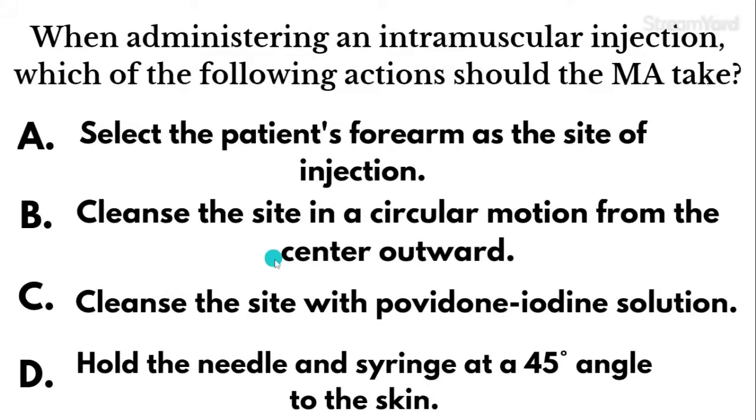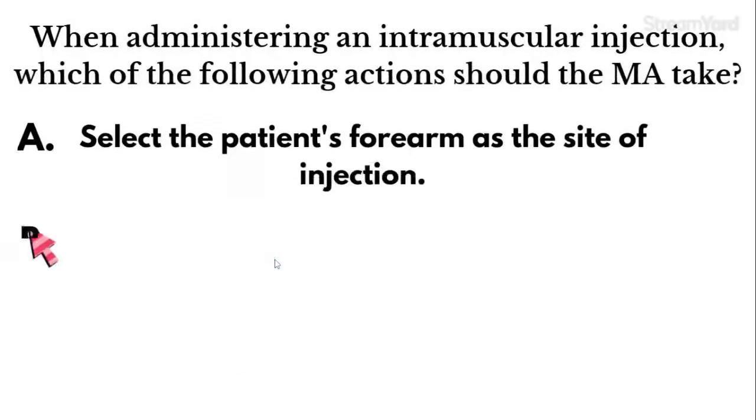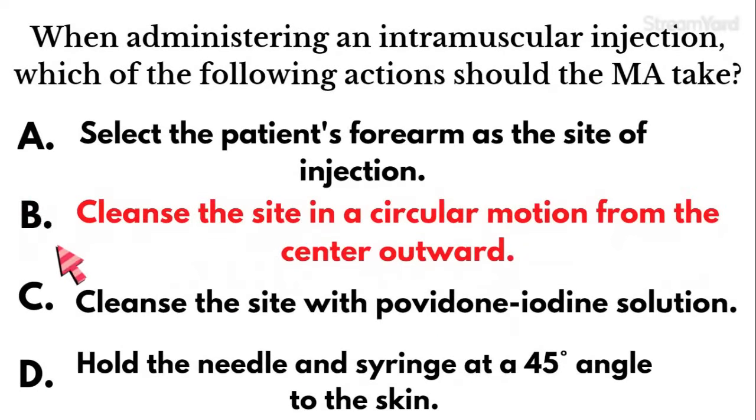All right, let's see. Very good, ladies. The answer is B. Christasia also says B. Yes, you're going to cleanse the site in a circular motion from the center outward. These other ones, we can rule out the forearm. We're not giving an intramuscular injection in the forearm. That's an intradermal injection, PPD. That's what we give in the forearm. D, hold the needle and syringe at a 45-degree angle.